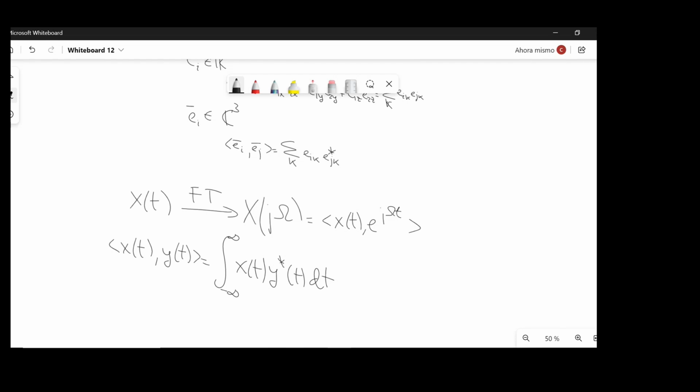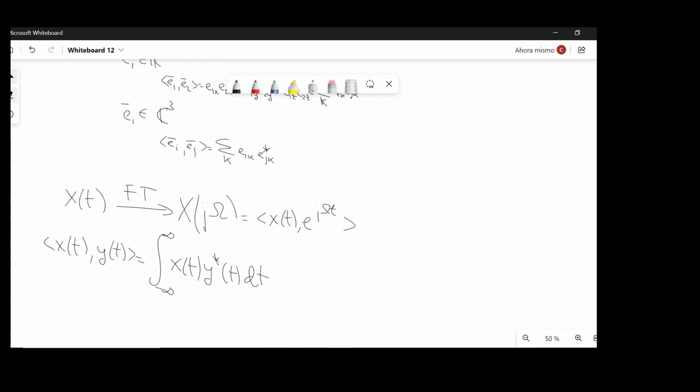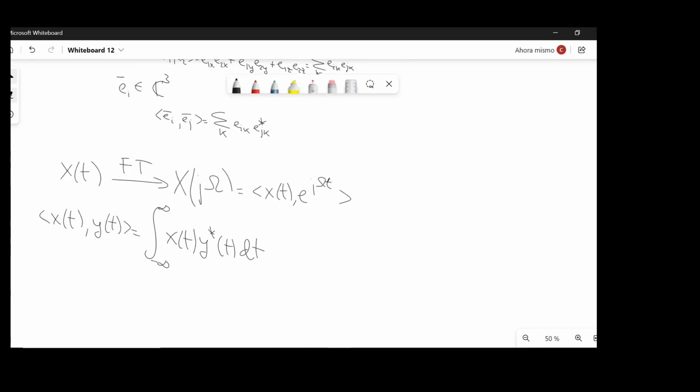Okay, so how do I do the inverse Fourier transform? I want to compute the inverse Fourier transform. The x of t should be, sorry, not the sum, but the integral. Integral over all my bases.